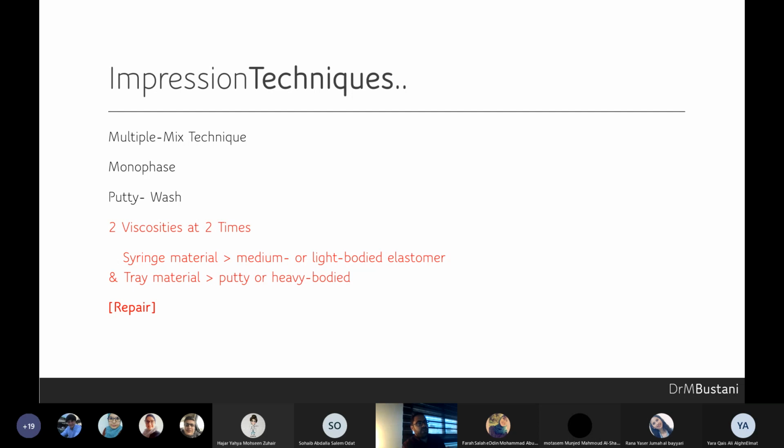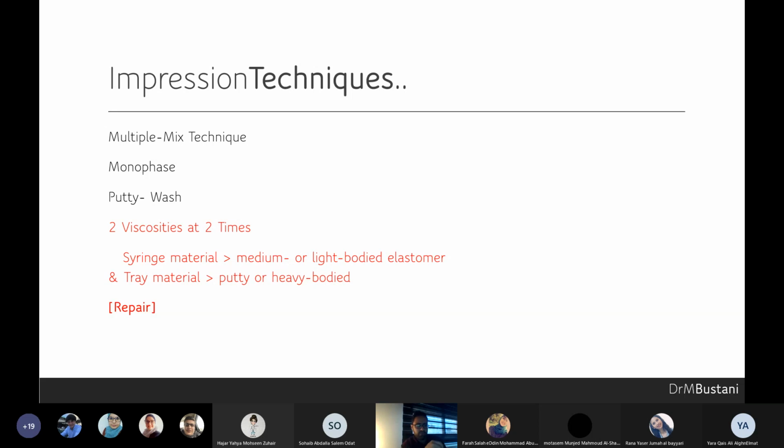The putty and wash, nowadays we can use it as a repair technique. So, for example, I took an impression using a silicone, and there was a small defect around one of the teeth. I wasn't very thorough when I dried my preps, and there was some water or saliva around one of the finish lines, so I had a defect when I took the impression out, or an air bubble.